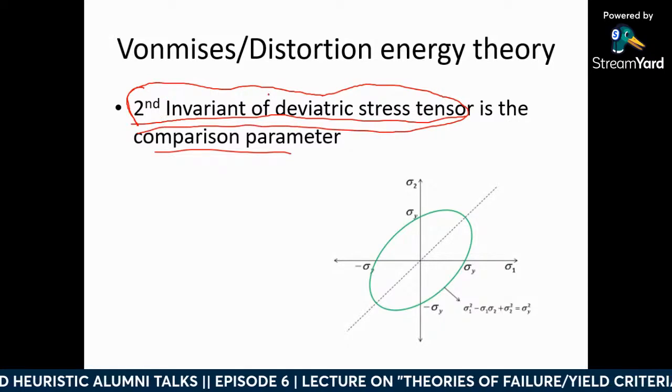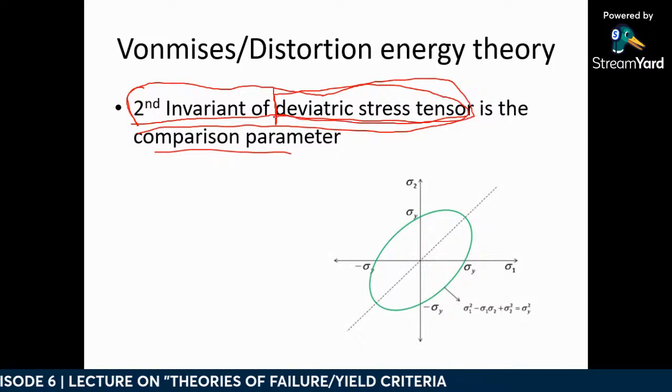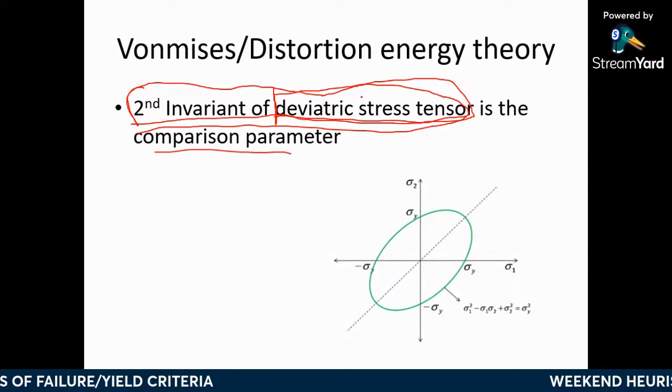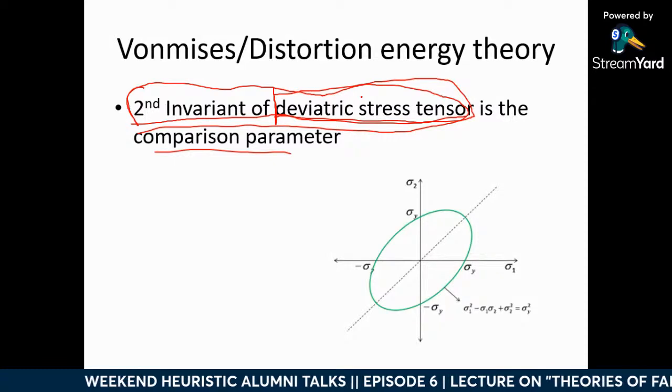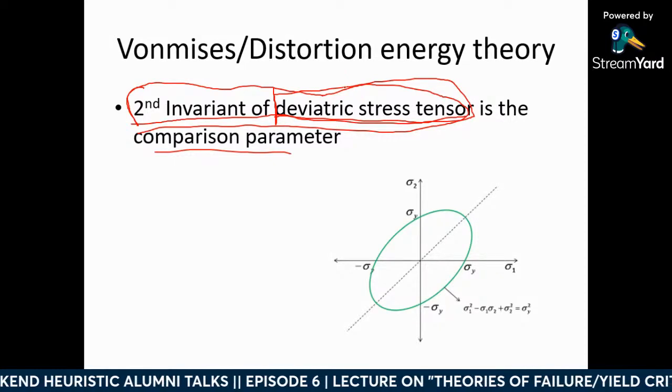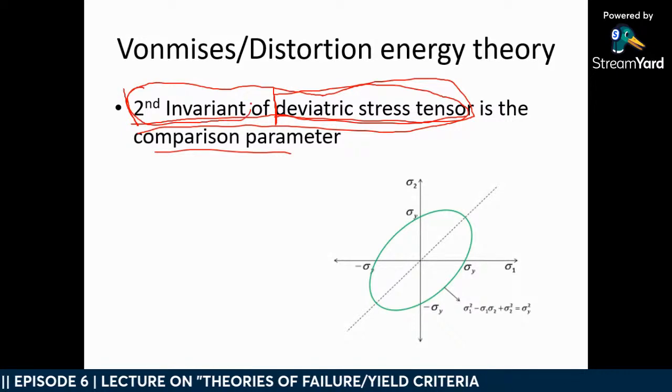You were already introduced to what the deviatoric stress tensor is, right? If you know the stress matrix, how will you find the deviatoric portion? From the diagonal elements, you need to subtract the average value. If you do that, you will get the deviatoric stress tensor. So how about the second invariant?